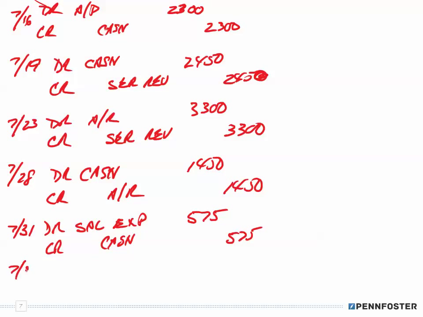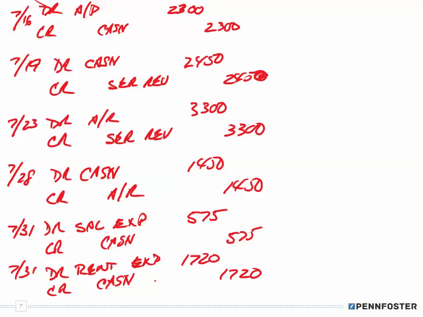Then I have 7/31, same thing. I'm going to credit cash for the rent expense of $1,720, and I'm going to debit rent expense because it's just an expense. I look in my expense accounts and see what accounts I have and find the appropriate one since I paid for the rent expense.